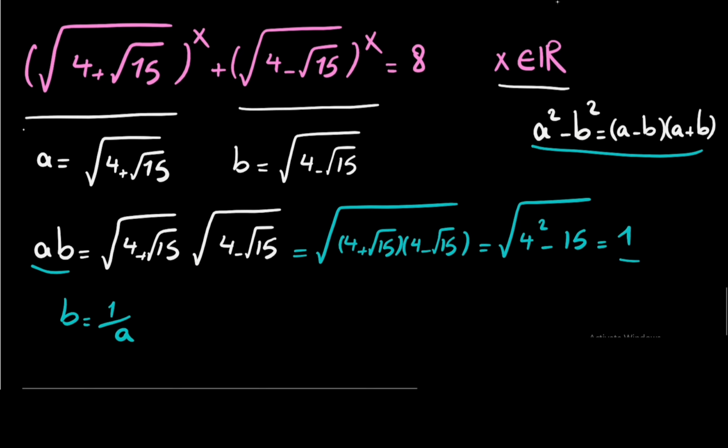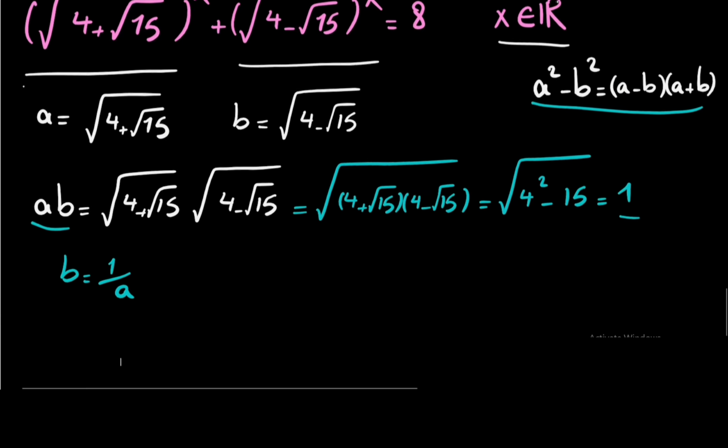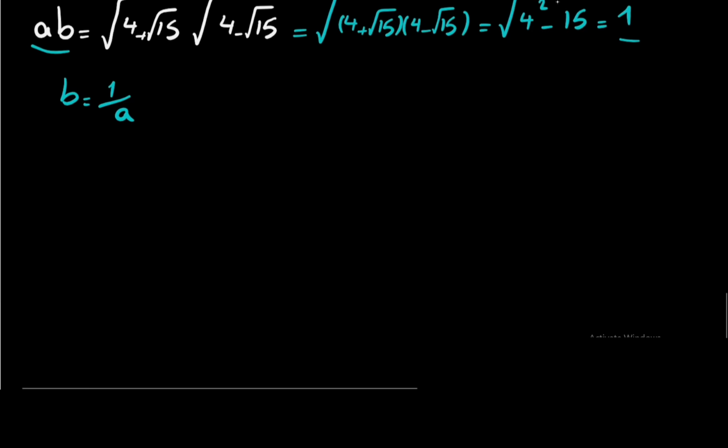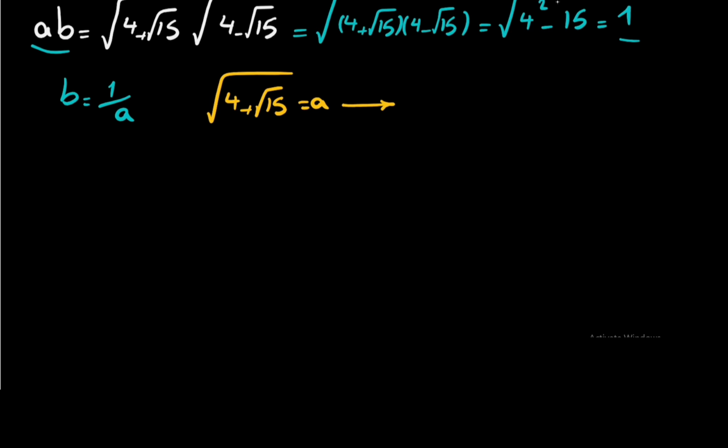Why? Because if we look at the main equation, we can write it as a to the power of x plus 1 over a to the power of x, because I proved that b is equal to 1 over a, and that is equal to 8.